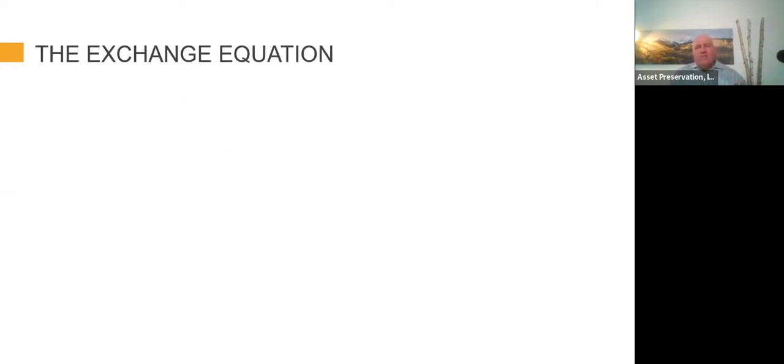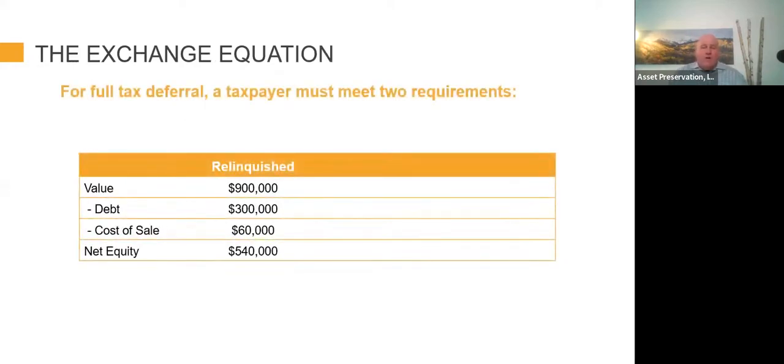Now, these are the rules for full deferral. And, covering the basics, I want to keep this very, very simple for you. If your clients don't want to pay any taxes, they have 2 simple rules to follow. Number one, reinvest all of the net proceeds. So net proceeds would be the net amount.